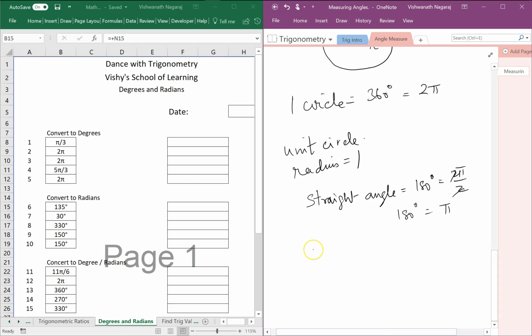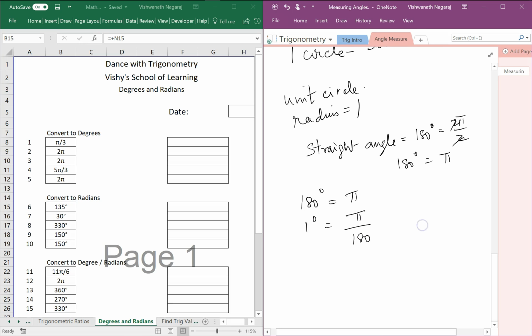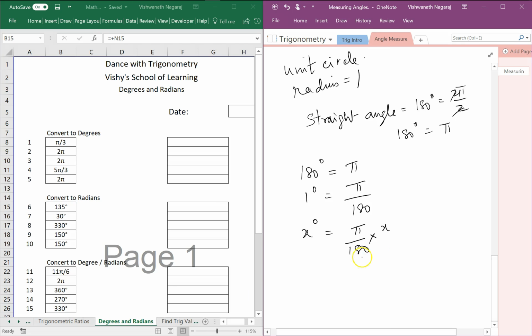Use a technique to see how to convert from one to the other. Now 180 degrees is equal to pi radians. So 1 degree is equal to what? Pi by 180. So x degrees is equal to pi by 180 into x.